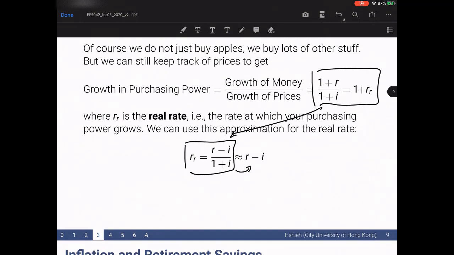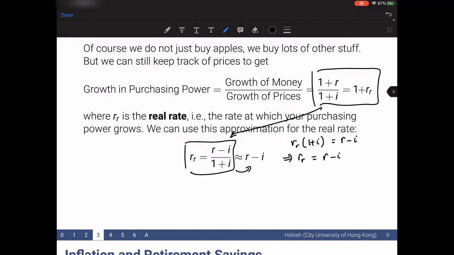RR times (1 + I) is equal to R minus I. That leads to RR equal to R minus I minus RR times I. And then realize that multiplying two numbers that are close to 0 will get you something really small, and so we can simply assume it's approximately 0. And so that's how we get this approximation.